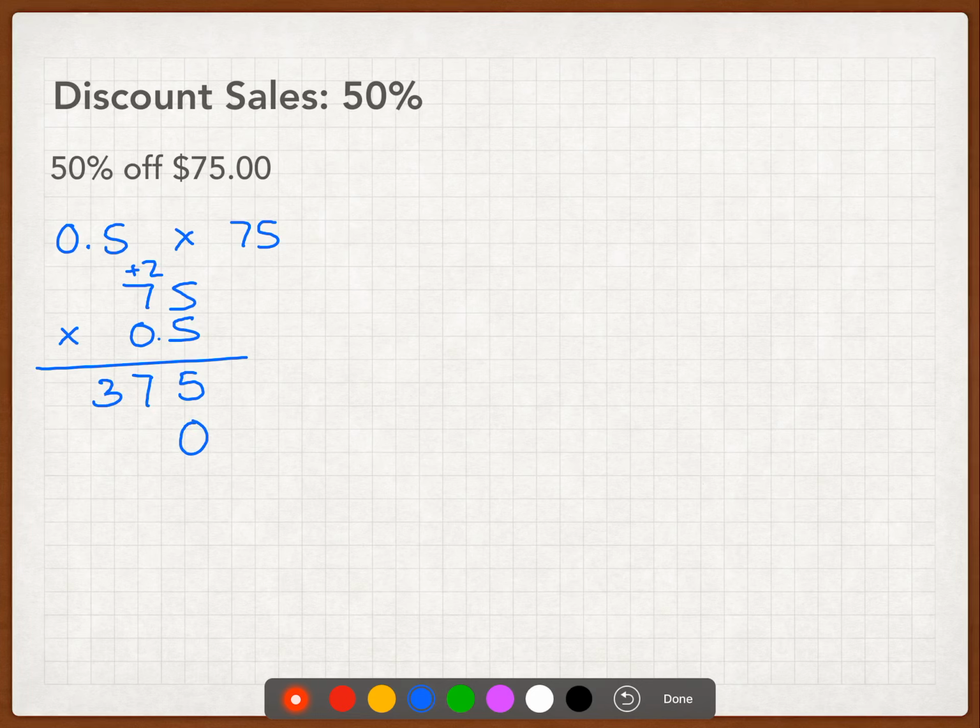And a 0. 0 times 5 is 0. 0 times 7 is 0. Add it together. We have one decimal place in the question, one decimal place in the answer. We have found our discount.